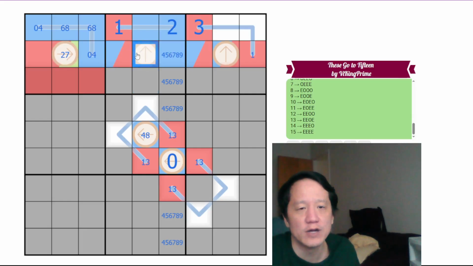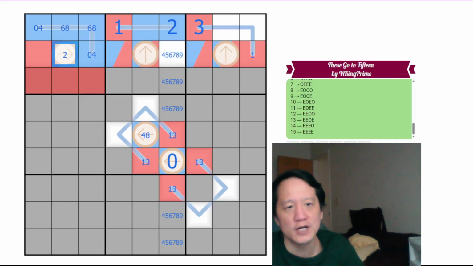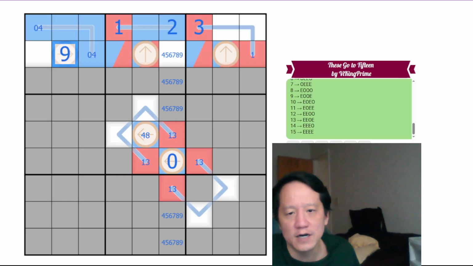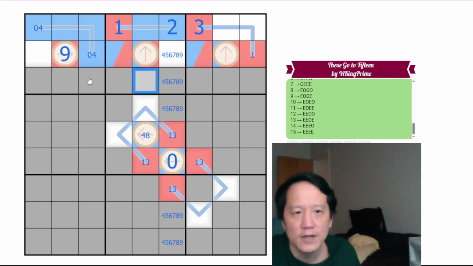So then that would have 2 Schrodingers in the same row, so that's not allowed. So we know this is not a Schrodinger. Therefore, it has to be even, odd, odd, odd, even at least. So this has to be a 9. So this is 9, it's odd, and these must both be odd.